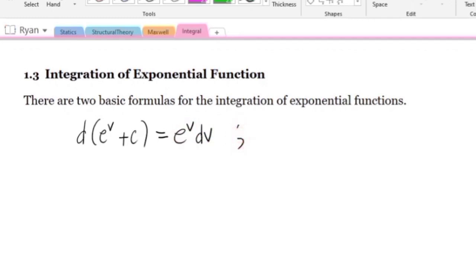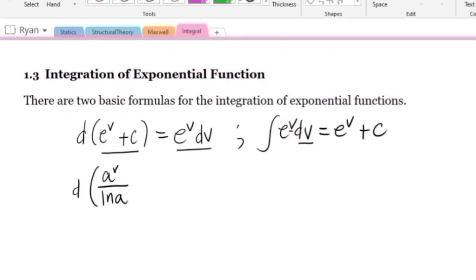So in anti-differentiation, the integral of this expression, e raised to v dv, that is equal to e raised to v plus c, provided that dv is the derivative of your exponent v.